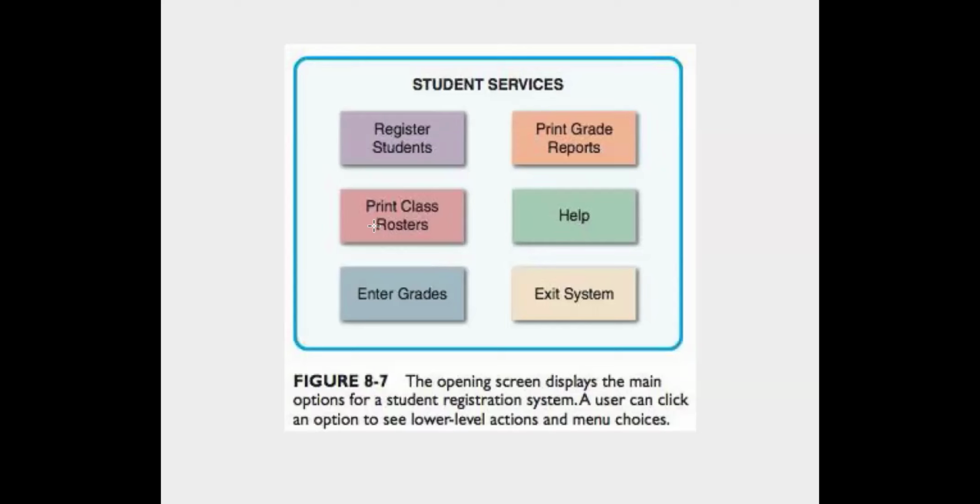As you can see, in this particular information system, it shows you all the student services, starting from registering students to printing class rosters, entering grades, printing grade reports, getting help, and exit system. Everything will be in one single place. And then when you click a particular button, you will be presented with a new interface.